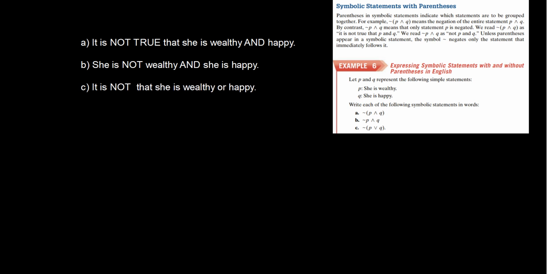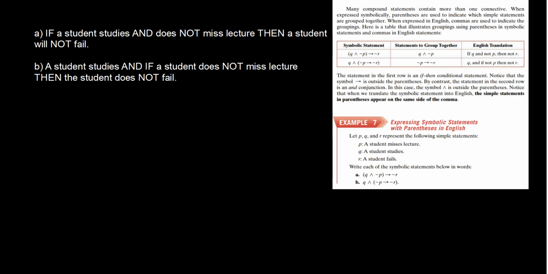Again, I don't even know if this helps. I'm just doing the best I can. It's not true that she is wealthy, or is the other connective. There we go. Okay, so before I proceed, let's actually go back over this with my handy dandy laser pointer.